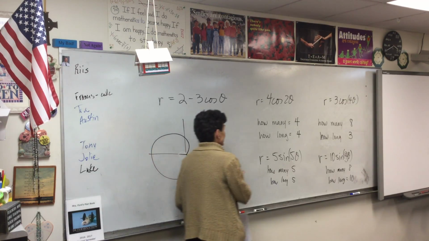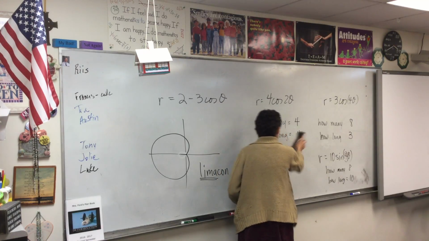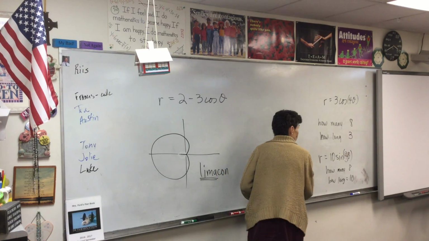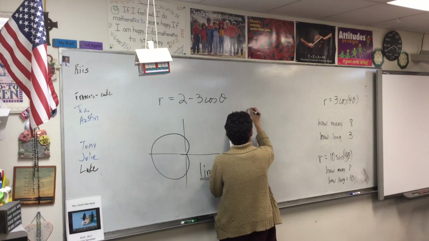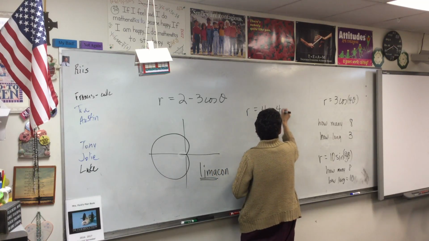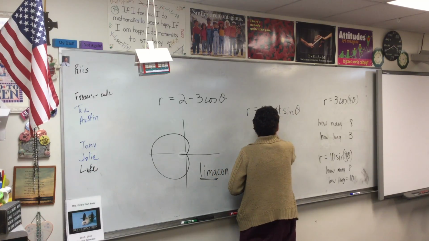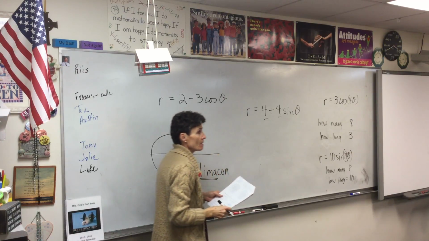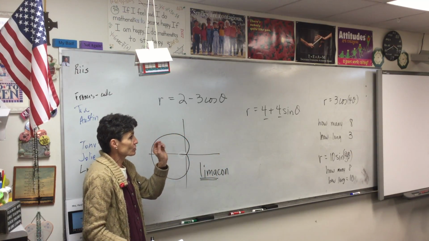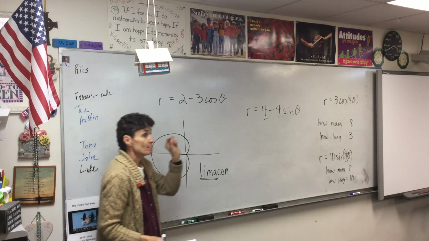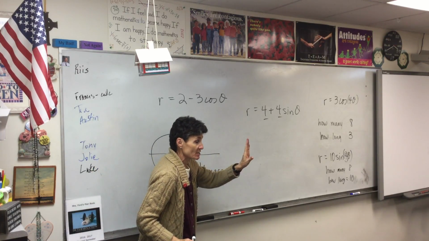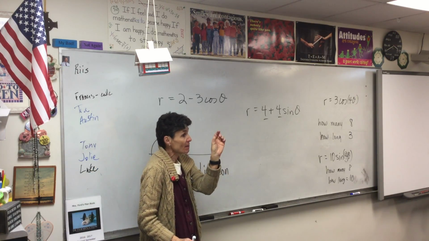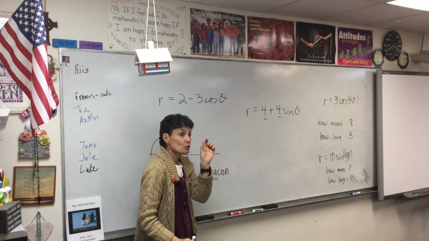And what makes it a cardioid, you can tell when you look at the equation: these two numbers are the same. When those two numbers match, and they can be added or subtracted, that's irrelevant. If they are the same number, you have a cardioid.